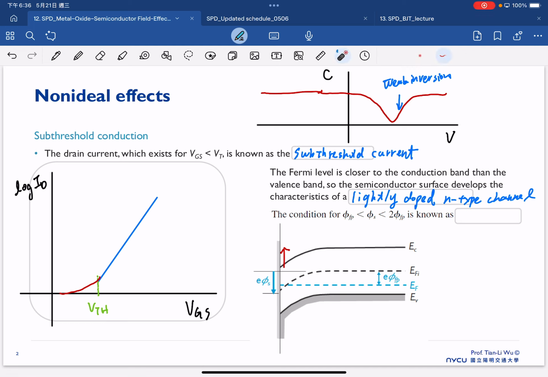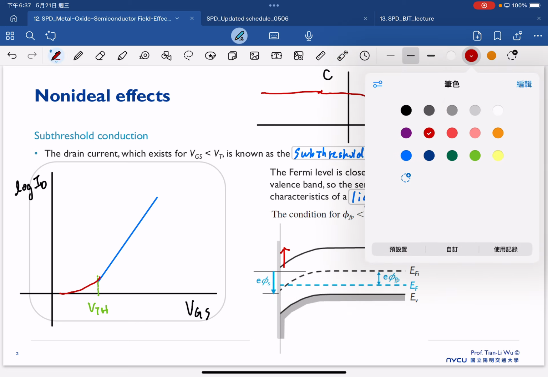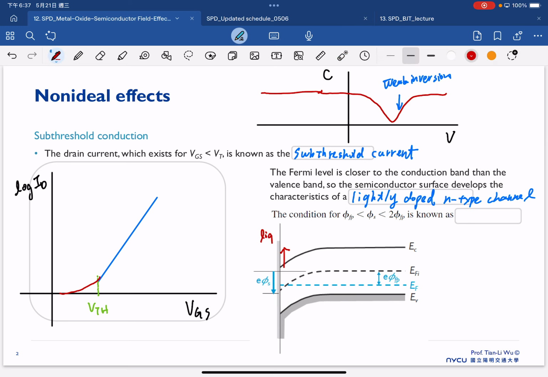Once we increase the bias, at a certain moment our Fermi energy starts getting close to the conduction band rather than the valence band. That suggests we start to have a lightly doped N-type region here.